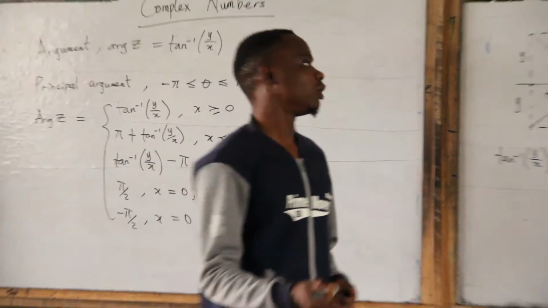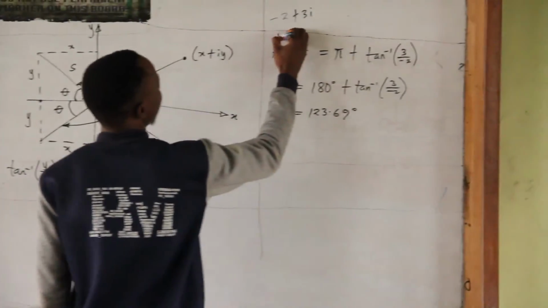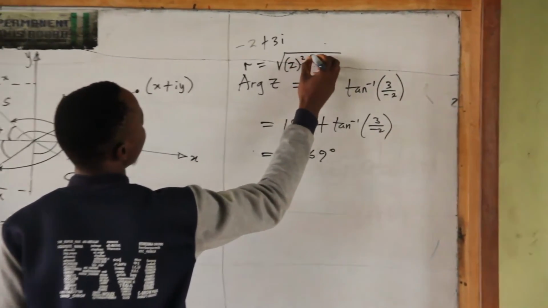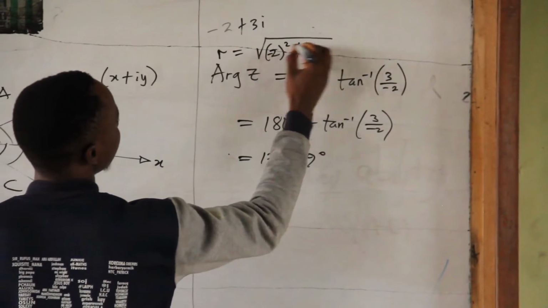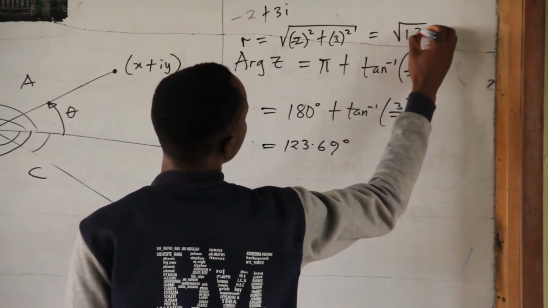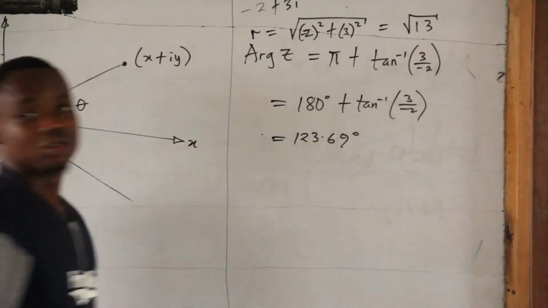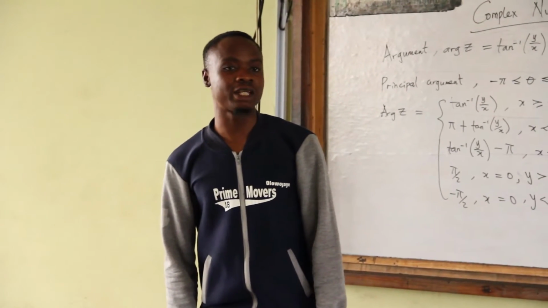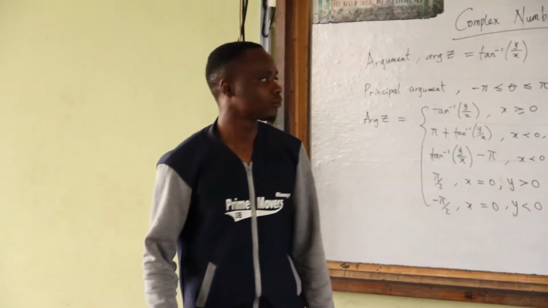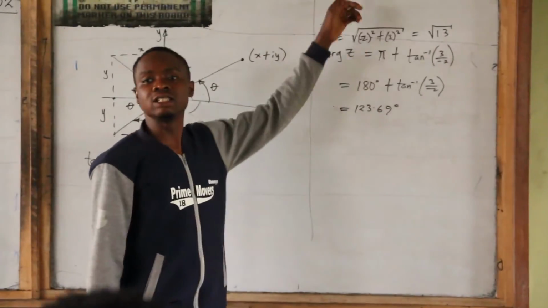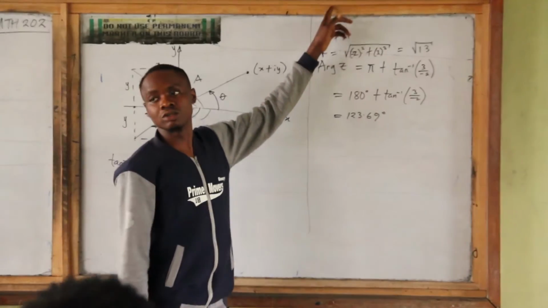Right, so what is going to be the modulus of this? R is equal to the square root of 2 squared plus 3 squared. What does that give you? Listen now. The test of whether or not you have written the proper thing is that when you get these results, you can get the complex number back.